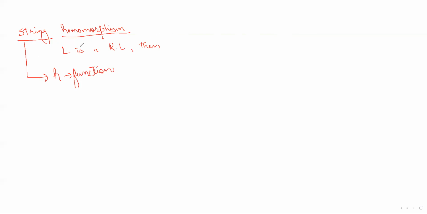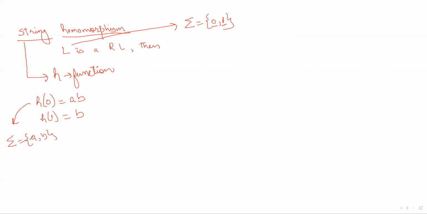If L is a regular language on some alphabet sigma, let's suppose sigma is 0, 1, and this function h is defined on these symbols, h of 0 and h of 1. Let's suppose h of 0 is AB and h of 1 is B. So this function takes 0, 1 to the alphabet A, B.